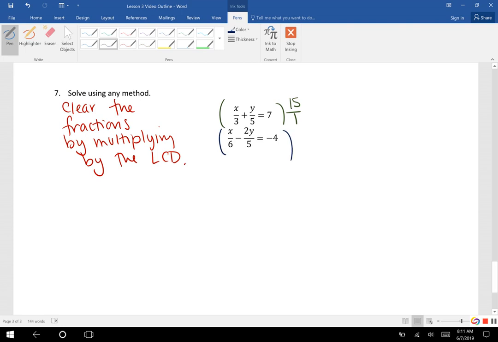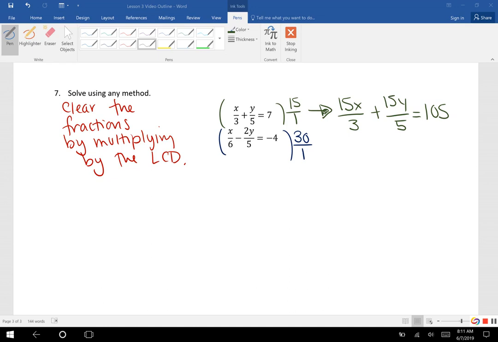So first equation, we multiply by 15. That gives me 15x over 3 plus 15y over 5 equals 7 times 15, which is 105. 15 divided by 3 is 5. 15 divided by 5 is 3.